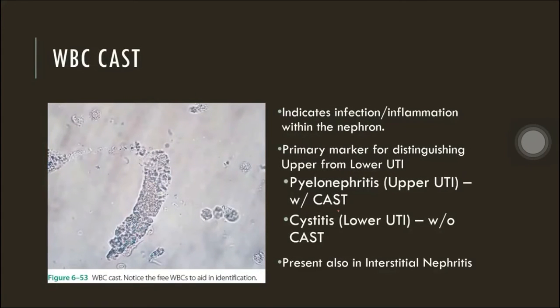Next we have the WBC cast. Just like WBCs, the presence of WBC casts indicates infection or inflammation within the nephron. WBC cast is most useful for distinguishing or differentiating upper and lower UTI. For upper UTI or pyelonephritis, there is a presence of casts. Why?